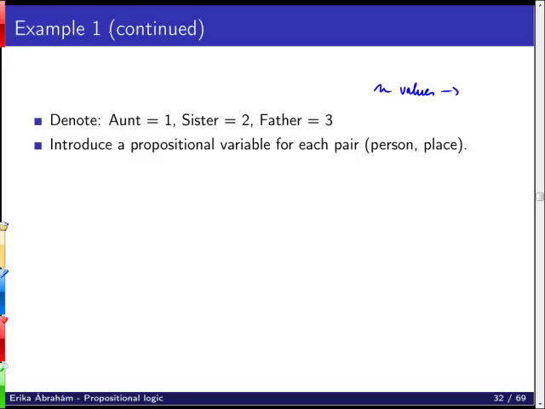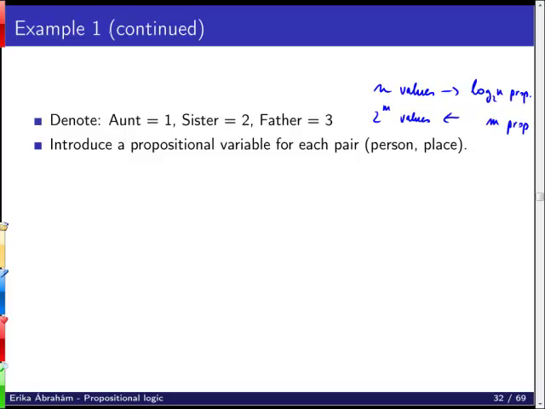Yes, log n propositional variables, because the other way around, if I have m propositional variables, then of course I have 2 to the m values. So the other way around is log 2 n.